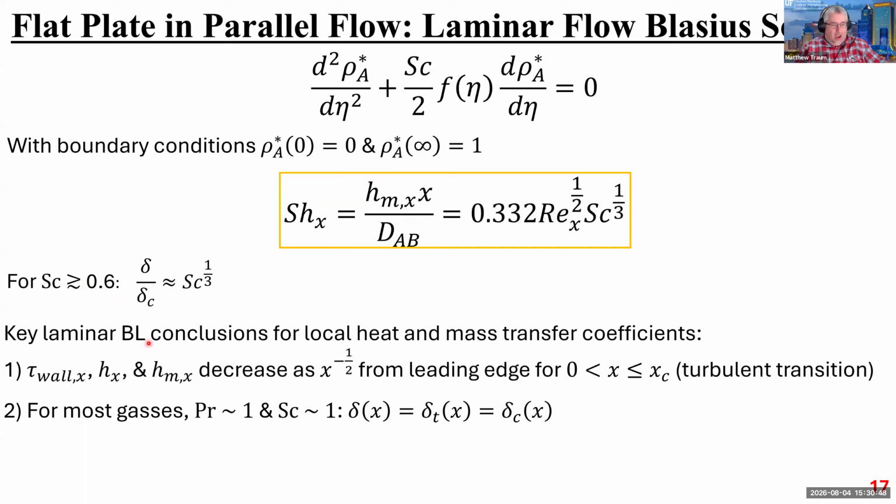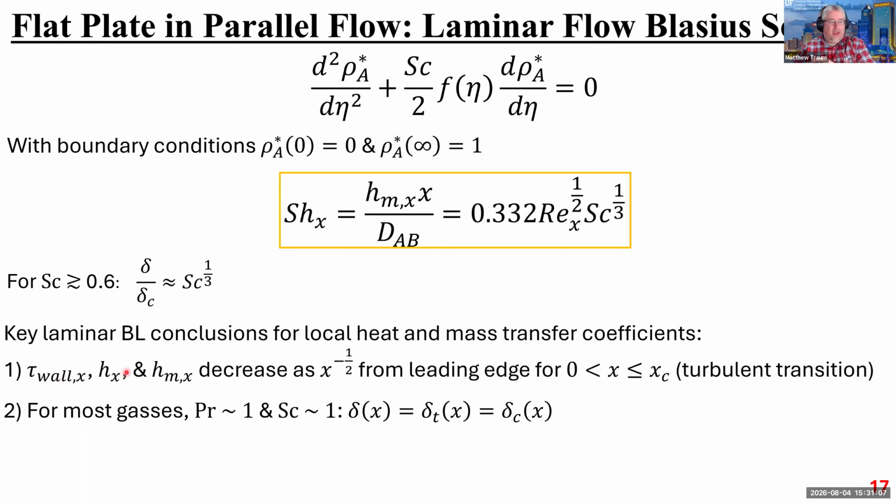Okay. All right. So let's talk about some key conclusions, but just wait. This is laminar flow, right? There's all of turbulent flow still in front of us. Okay. So some key laminar boundary layer conclusions for local heat and mass transfer.